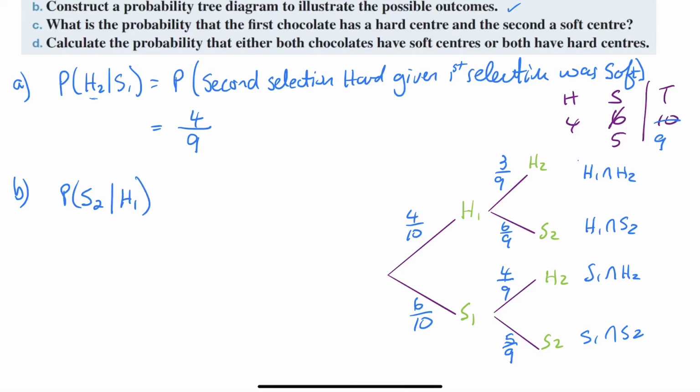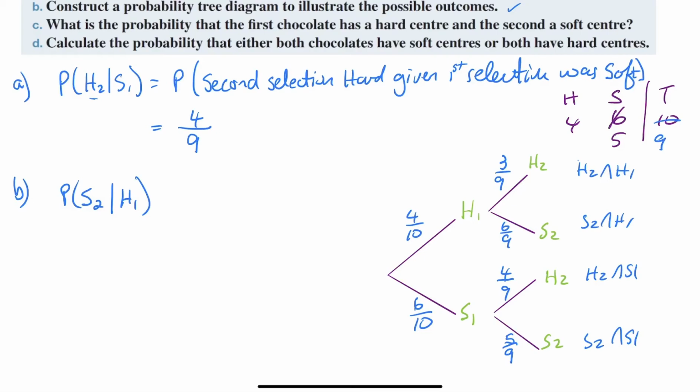Let me quickly swap these around, because I wasn't concentrating. This is H2 and H1, this is S2 and H1, this is H2 and S1, this is S2 and S1.